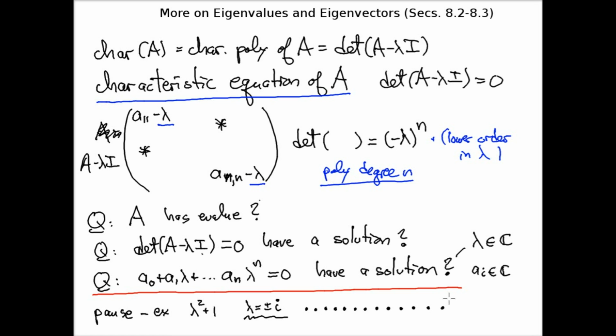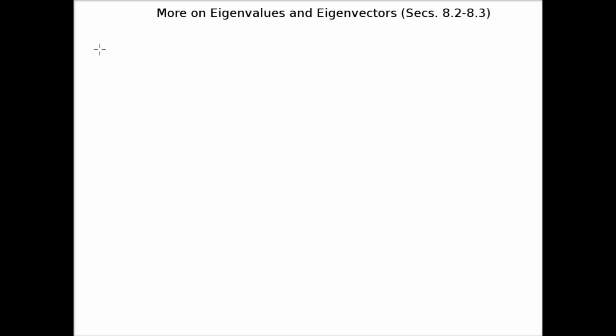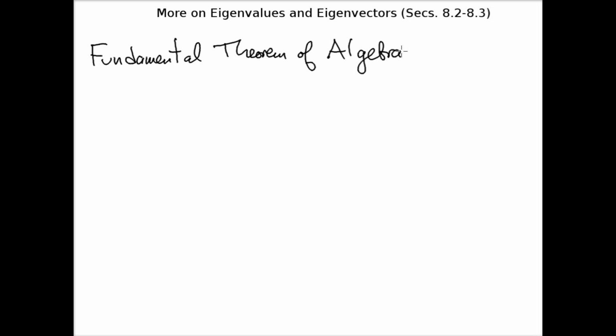Well, here's the answer. This is an extremely important fact. This is called the fundamental theorem of algebra. So just by its name, it's obviously important. It's fundamental, and it's the fundamental theorem of all of algebra. And what it says is the following.